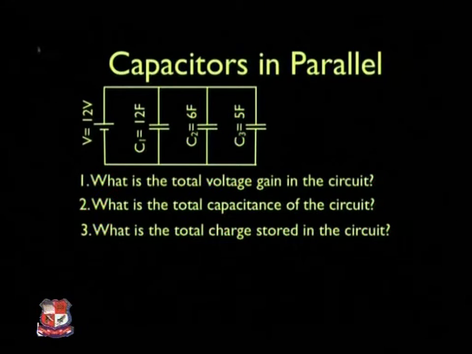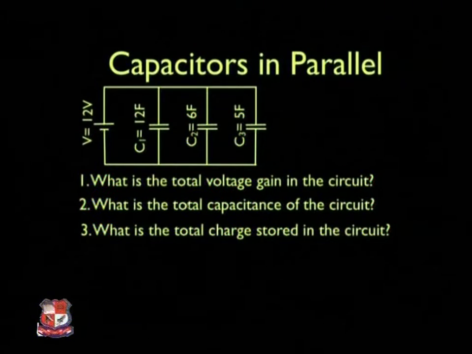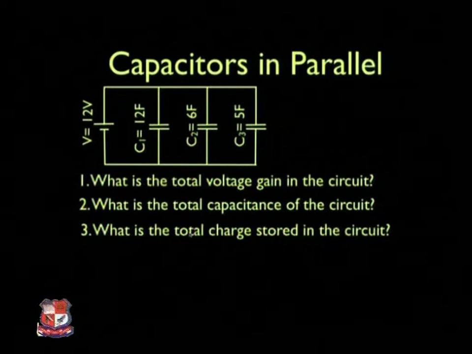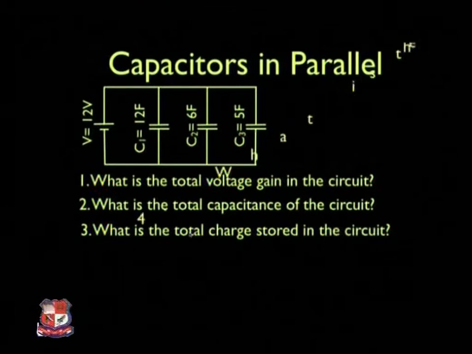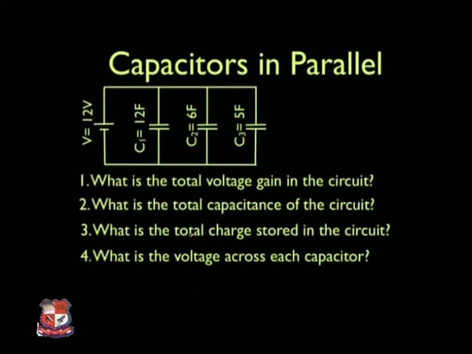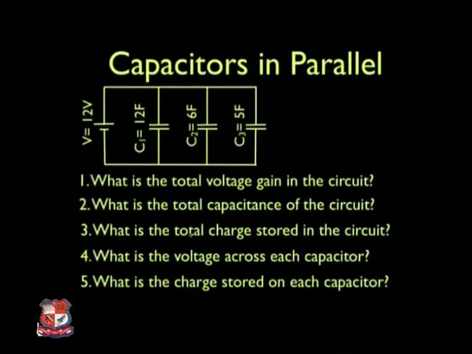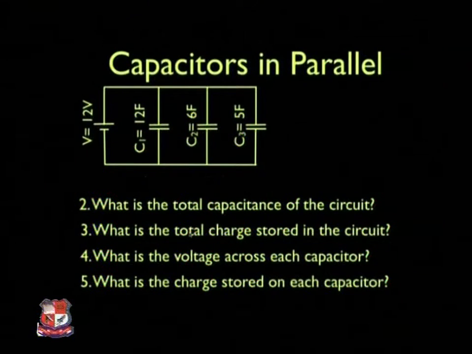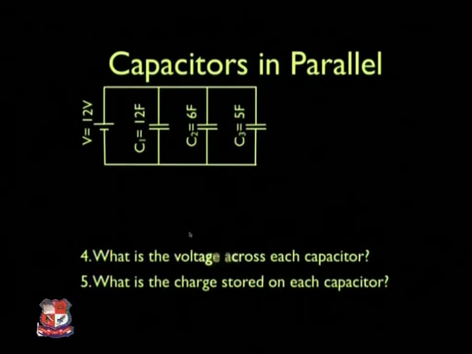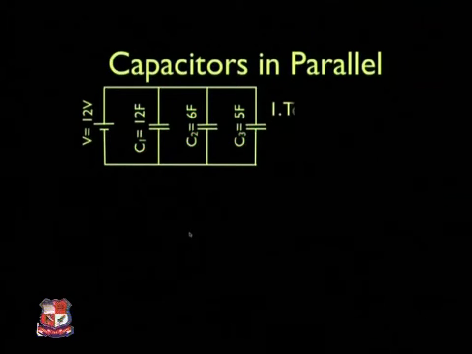Those are our 3 totals: the total voltage, the total capacitance, and the total charge. And then after that, we're going to get the voltage drop, or the change in electric potential, across each capacitor. And then we're going to get the charge stored on each capacitor. Those are the 5 things we're going to do, and hopefully it'll be less than 10 minutes.